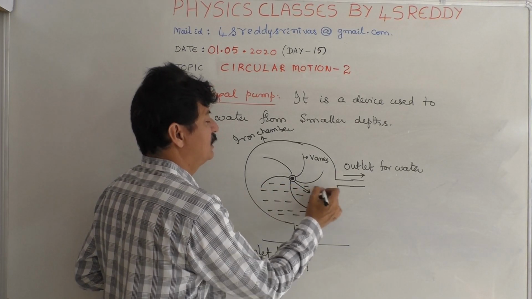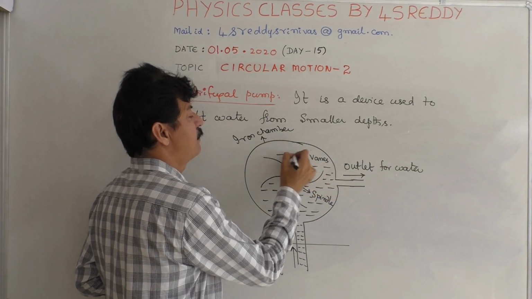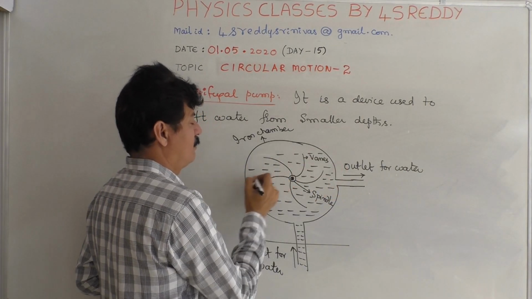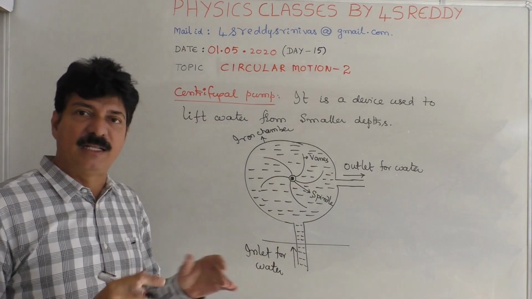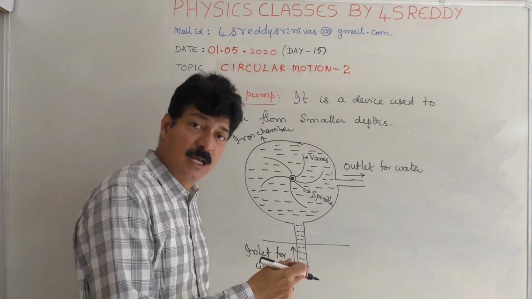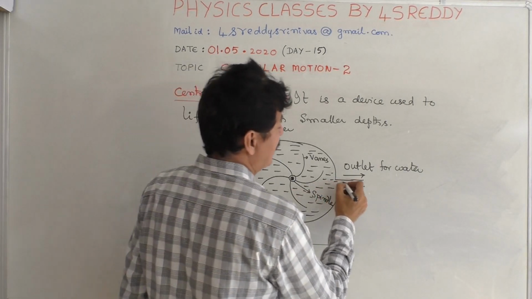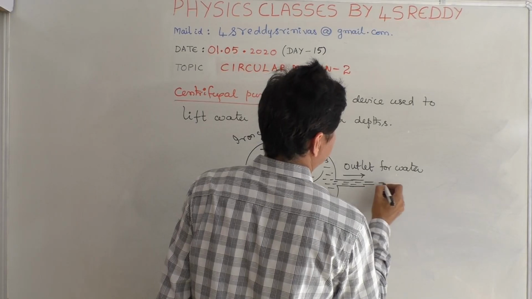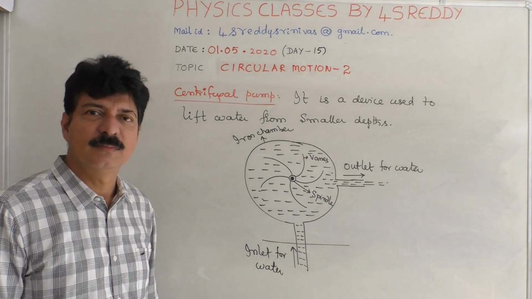Whenever it rises into the chamber, all the water gets circulated, and this circulated water is thrown away from the axis of rotation like this. Why?